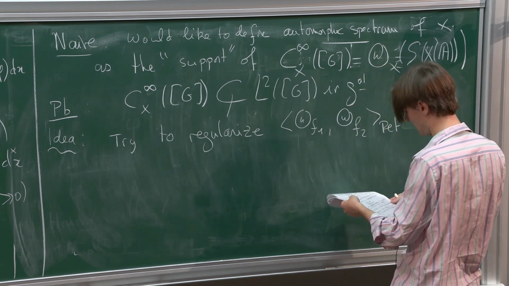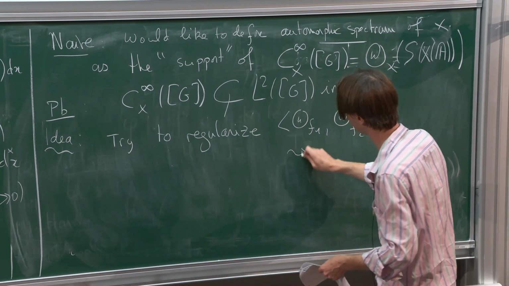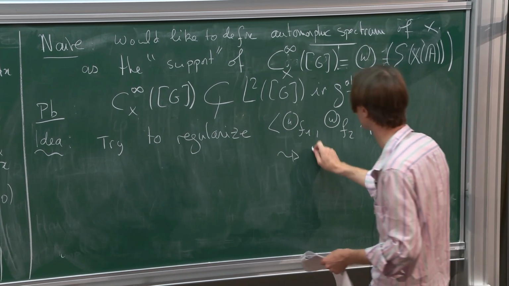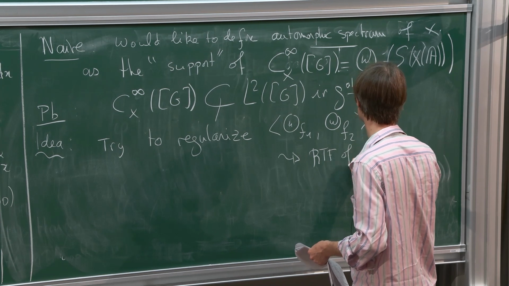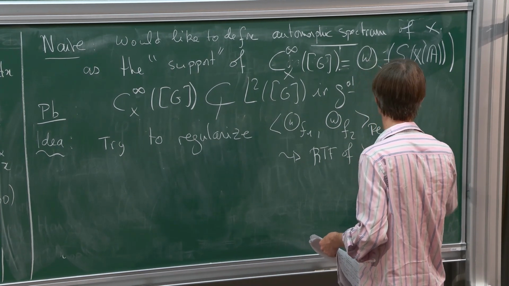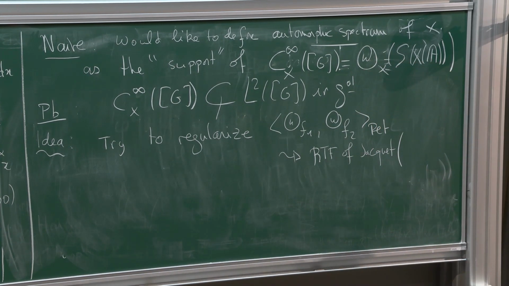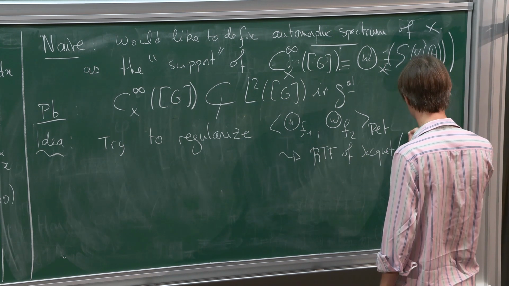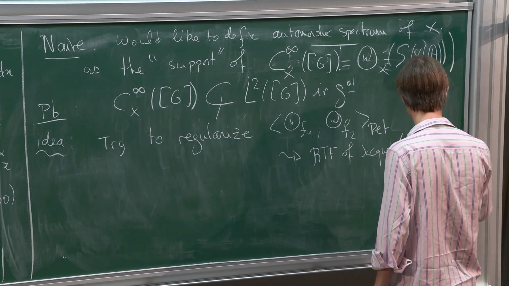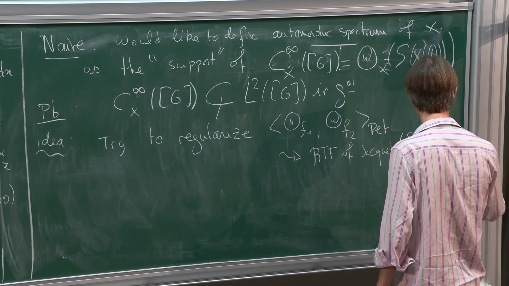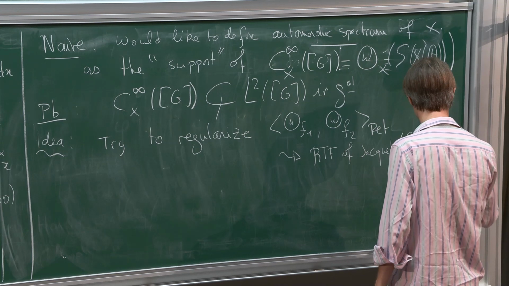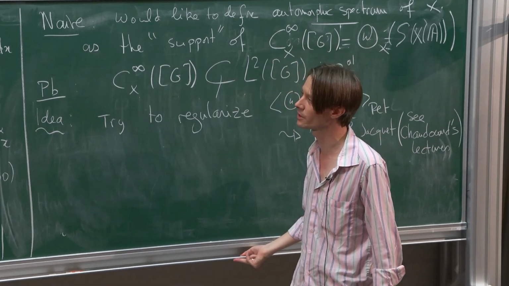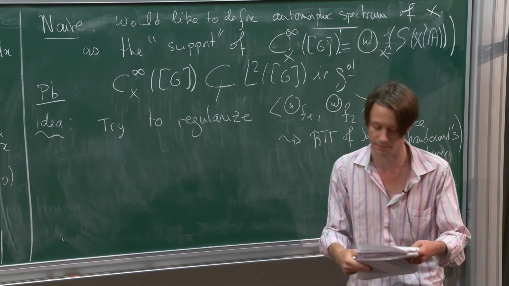And this is some way to formulate the relative trace formula of Jacquet that was covered in Pierre-Henri's lectures. See Chaudouard. But I will not talk at all about this. It's just to give you an idea that the relative trace formula might be a way to give you an answer to the question of what is the spectrum of X.